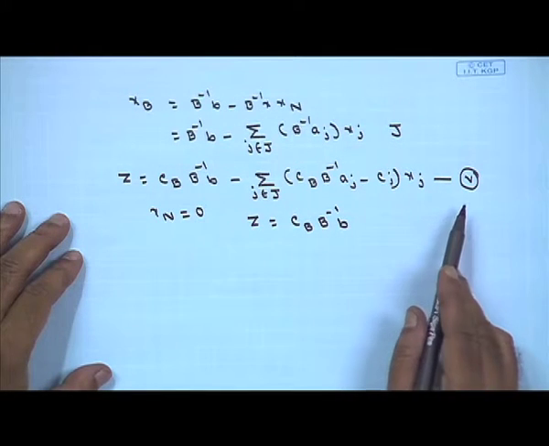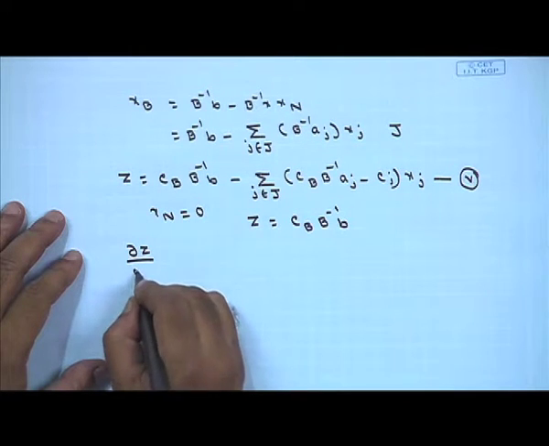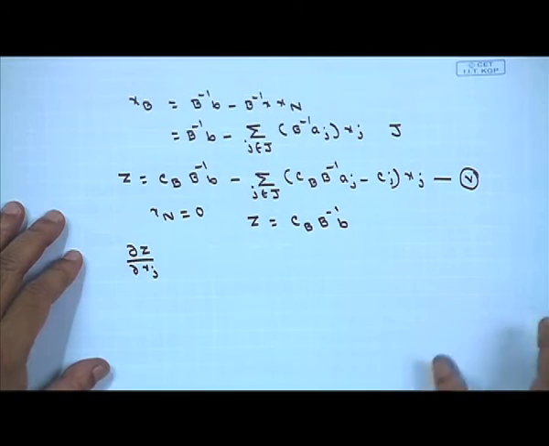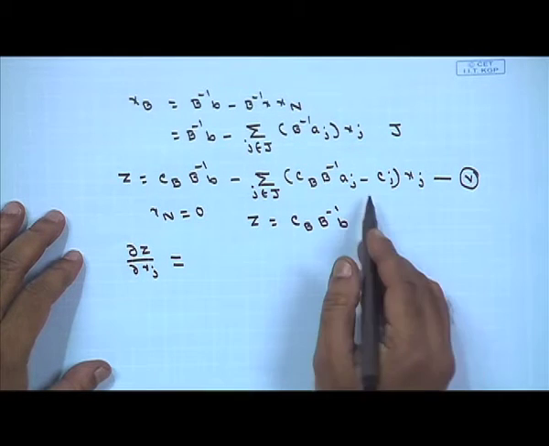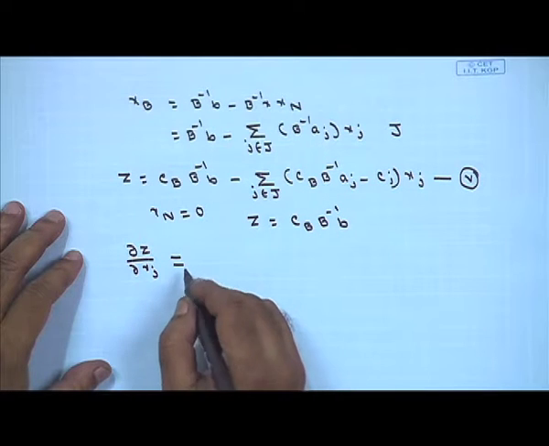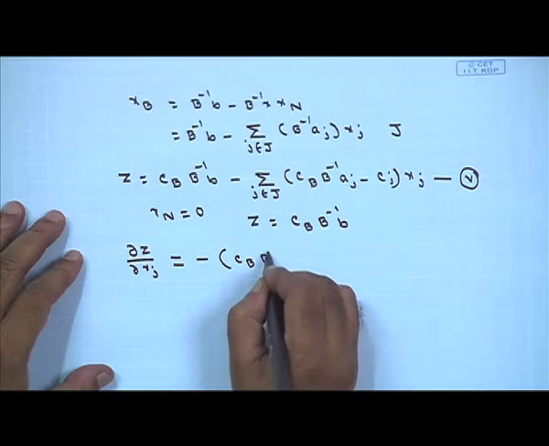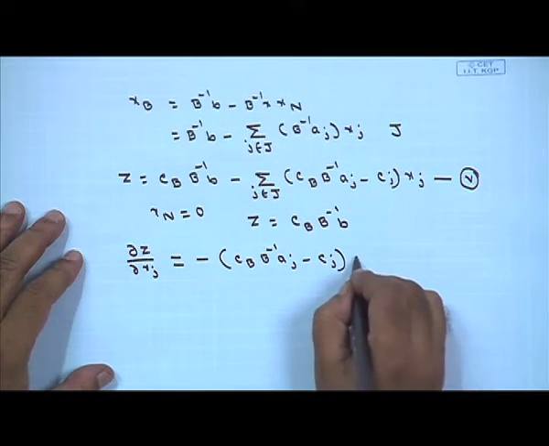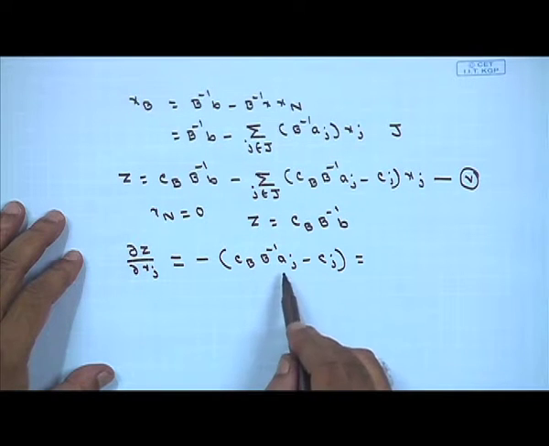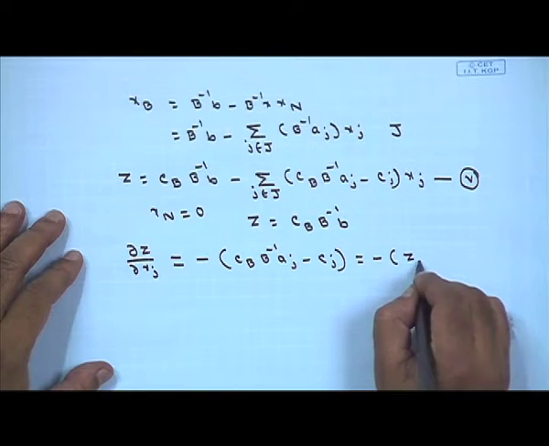Now, from equation 5, if I differentiate z with respect to the variable x j, del z del x j will be equal to minus (C b B inverse A j minus C j), and this C b B inverse A j is nothing but Z j.